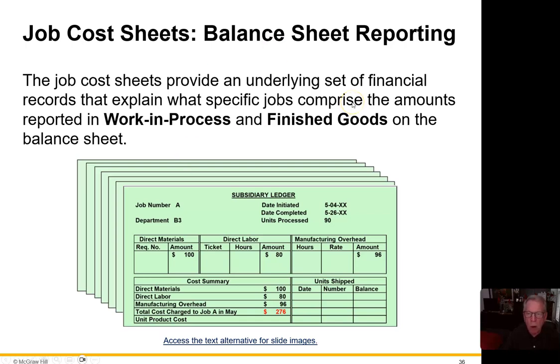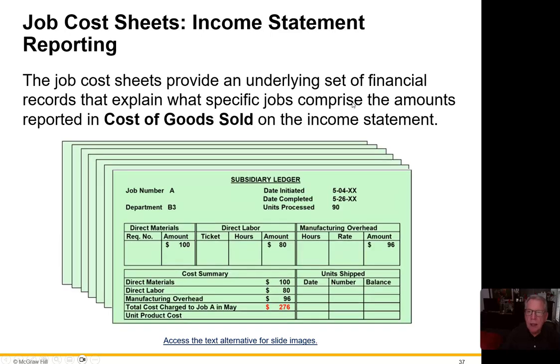So here they all are. Now, on the income statement, the job cost sheet provides the underlying set of financial records that explain what specific jobs comprise the amounts reported in the cost of goods sold on the income statement. And so here are those subsidiary ledgers for the cost of goods sold.